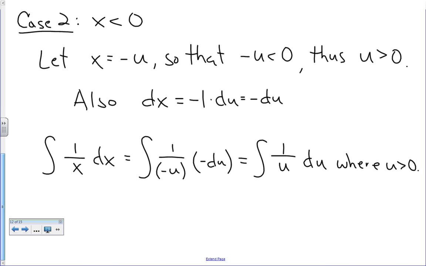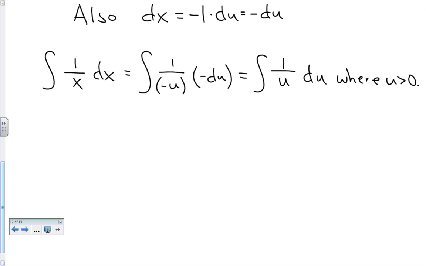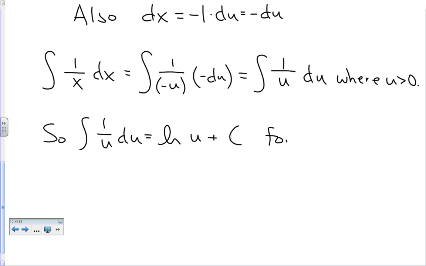So here, all we have is just a different variable. It's u instead of x. So we can find the antiderivative of this. The integral of 1 over u du must equal the natural log of our variable u plus c, and that's for u greater than 0.